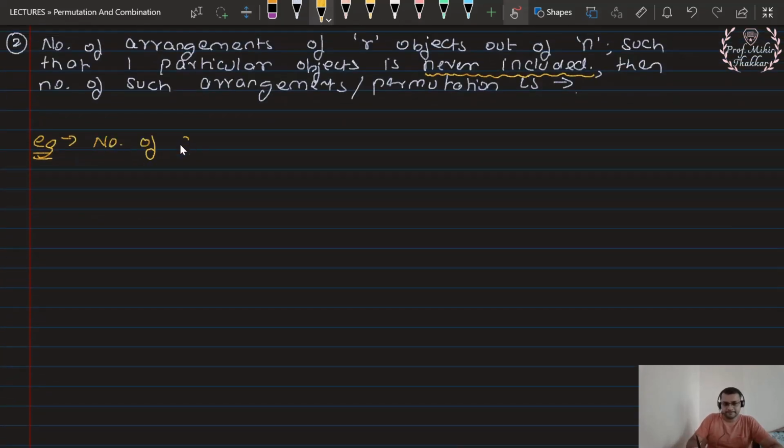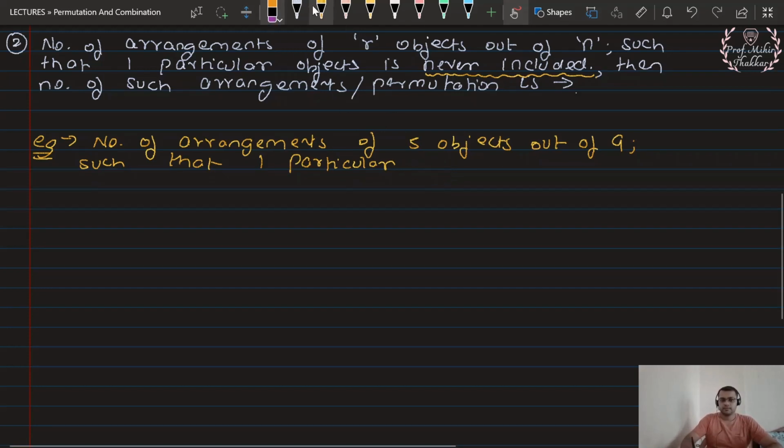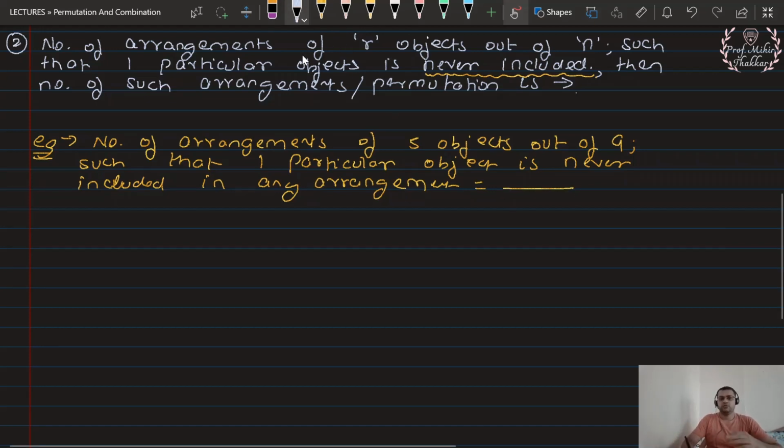Number of arrangements of 5 objects out of 9, such that one particular object is never included in any arrangement is dash.